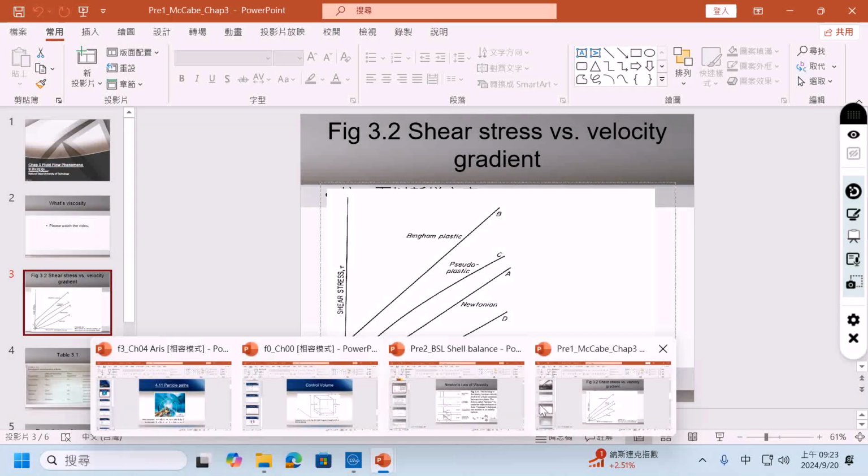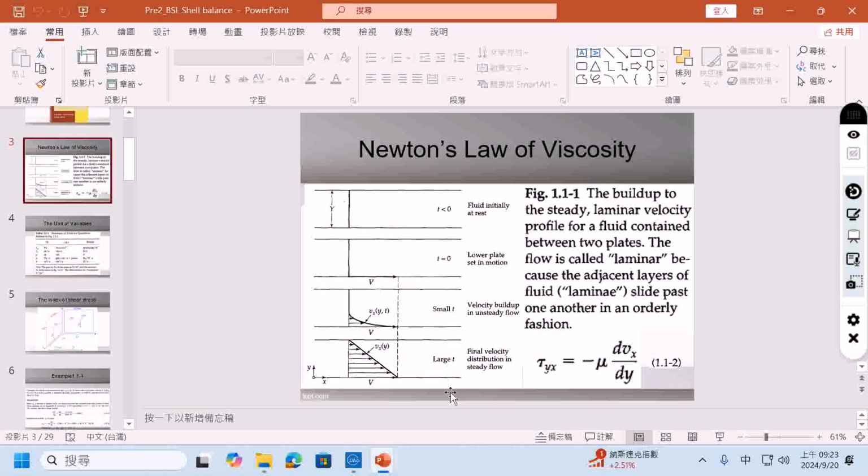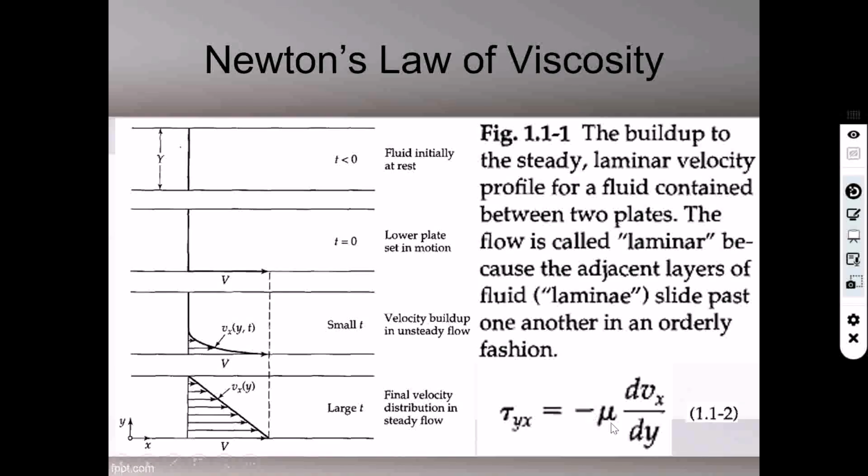If you apply that, you get here the velocity gradient and the shear stress, and the relationship between these two is linear, and the slope is your viscosity. So this is Newtonian fluid, and this is one of the canonical examples for laminar flow.